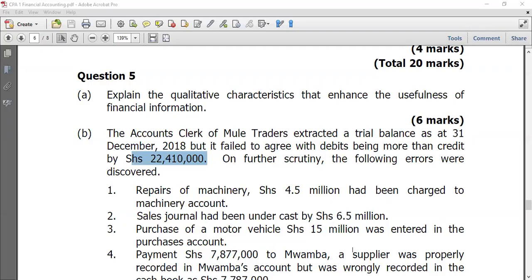But like I said, sometimes the examiner would want to tweak it a little more. Instead of what they brought us in that case, where they already got the value from the trial balance, sometimes the examiner can bring you a question with the trial balance, and then you have to figure it out.